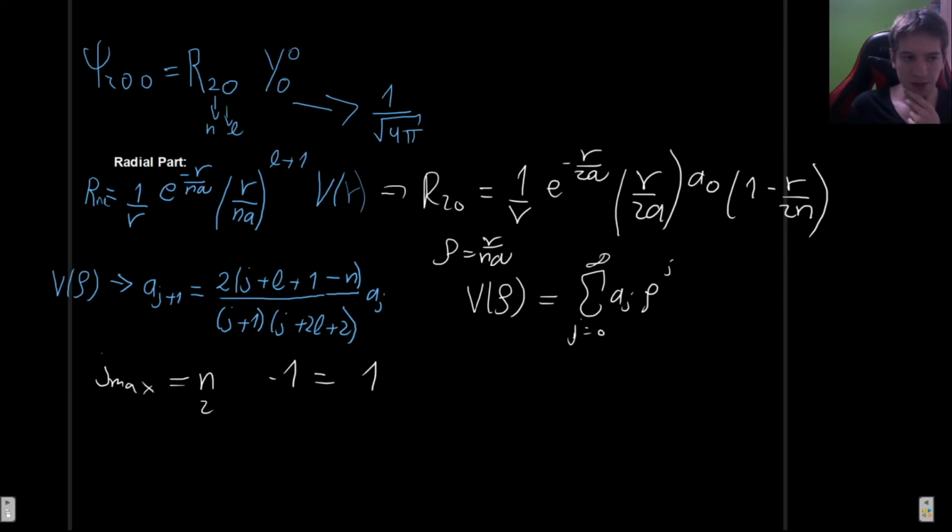And well, we can still do some simplifications here. So this r right here will cancel out this one right here. And just to make this look better, we can put this a0 in front and divide it by 2a there. So this is going to be like this, 1 minus r divided by 2a.